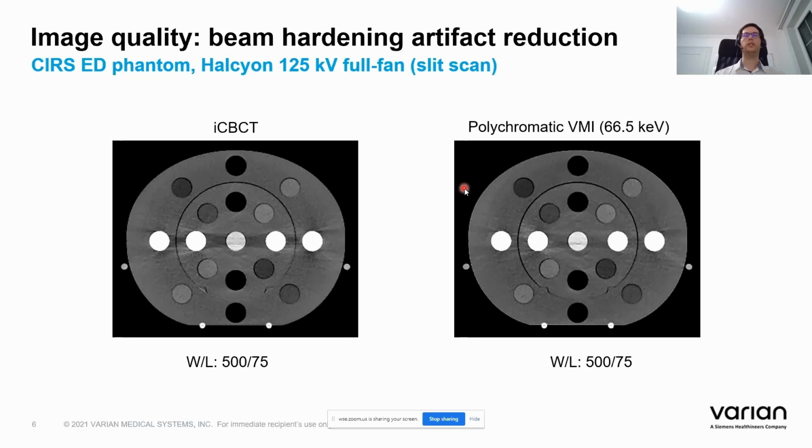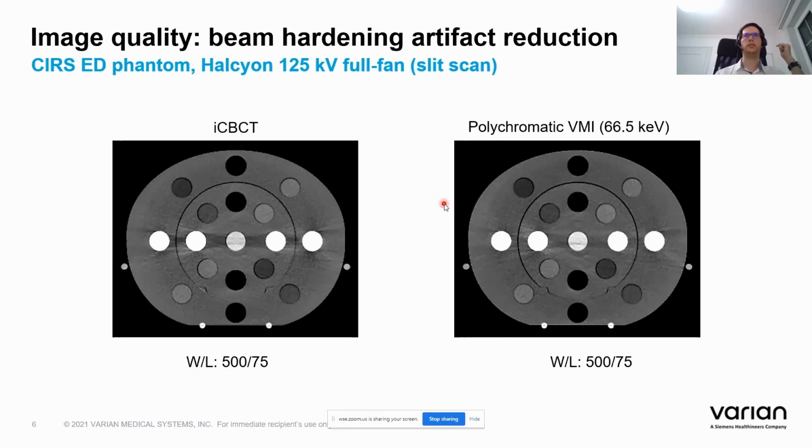And we contrasted that reconstruction with a polychromatic reconstruction, where we initially reconstructed the relative electron density volume, but to compare it with the HU values of the standard ICBCT reconstruction, we converted the relative electron density values into a virtual monoenergetic image by applying the polychromatic attenuation model at a selected energy bin.